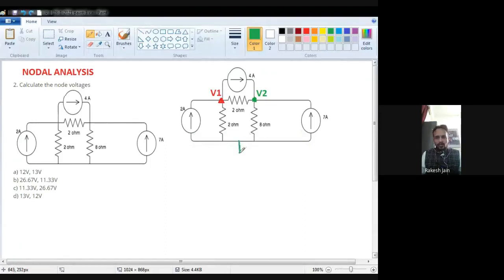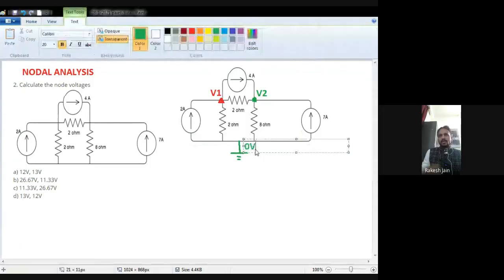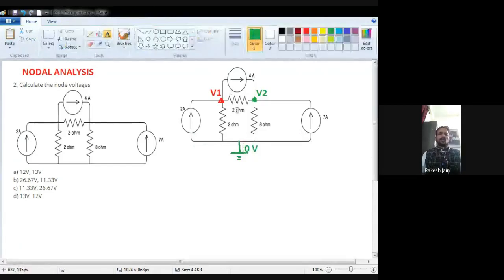At any point at the bottom side you can put a ground, that is my third node, which is the reference node, of 0 volt. So there are 3 nodes actually. One where we mention the voltage as V1, the second where we mention the voltage as V2, and the third which we take as a reference node, connected to ground, so I mention the value 0 volt, okay.